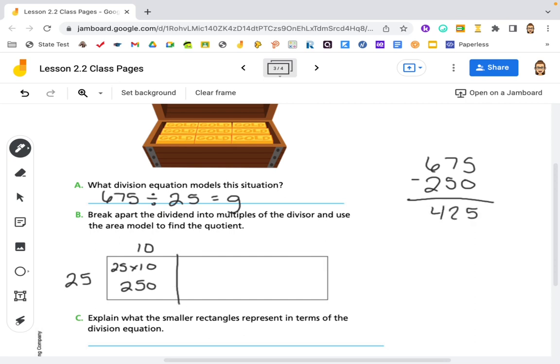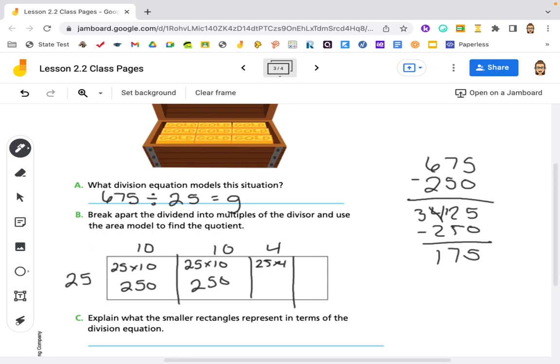So we can get another 10 out of that. So 175. So I know 4 times 25 equals 100. And 3 times 25 equals 75.